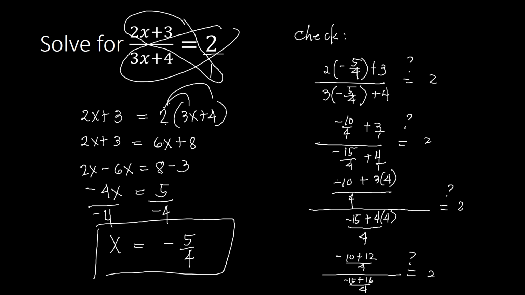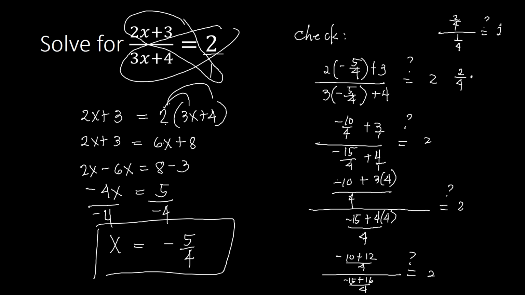So let me just use this one here. So negative 10 plus 12, that will be 2 over 4, all over 1 over 4. Will that be equal to 2? Okay, so let's try to simplify this one. Since this is dividing a fraction, we will do 2/4, get the reciprocal of 1/4, and then multiply that one.